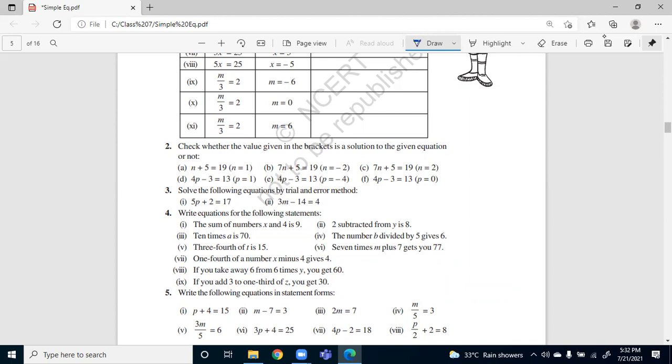The sum of numbers P and 4 is 15. So how will we convert this first into a statement? I can see there is a sum. So I will say the sum of numbers P and 4 is 15.